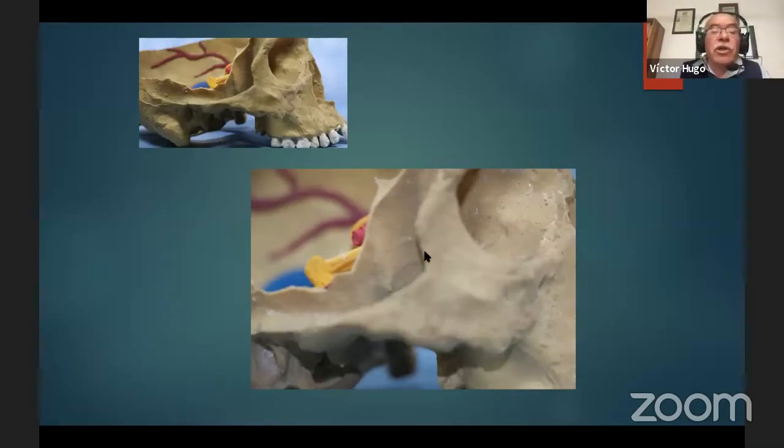If we do not make a good approach, it's difficult to see these important structures. And in that case, we would have to retract the temporal lobe and could damage the brain.